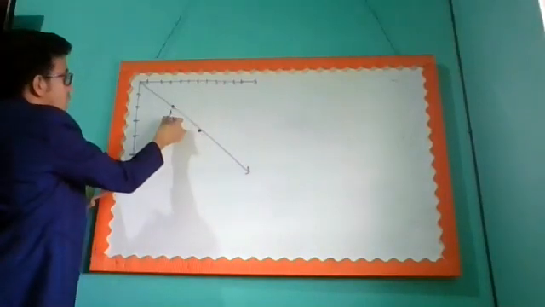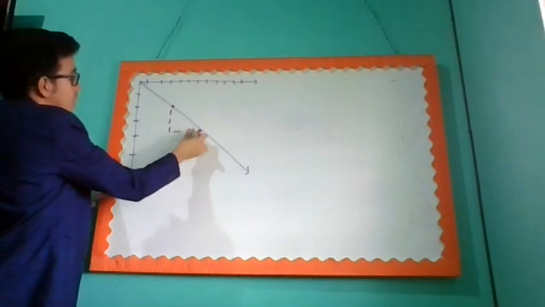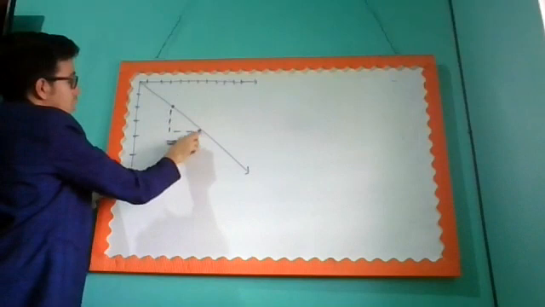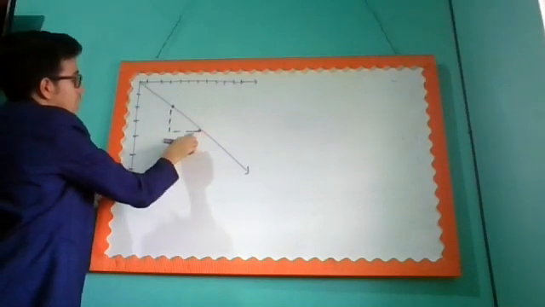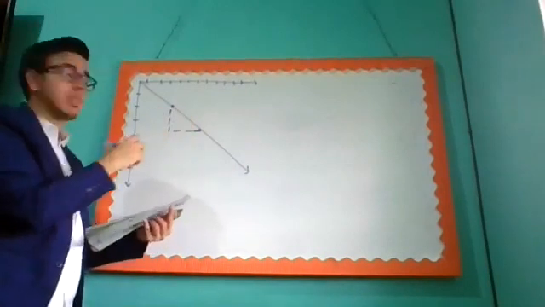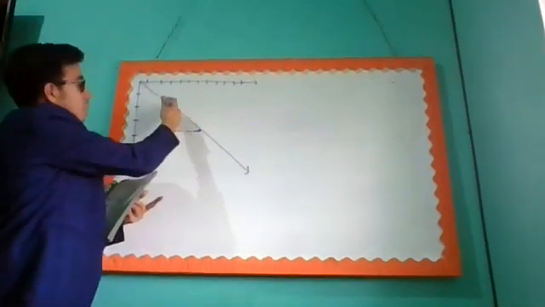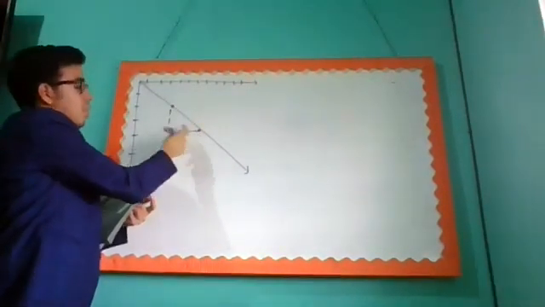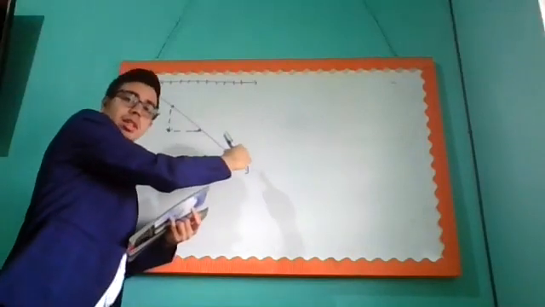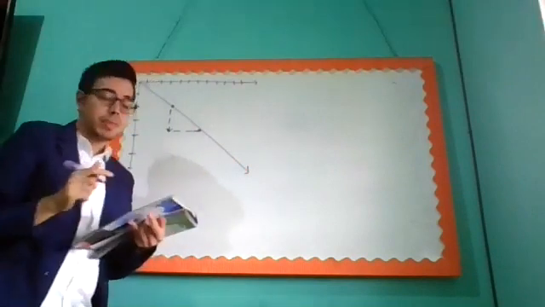You move in the vertical line and you move on the horizontal line. That's the reason why they form a little triangle, a red triangle, because you move in the vertical and later you move horizontal. You are moving in X and you are moving in Y.